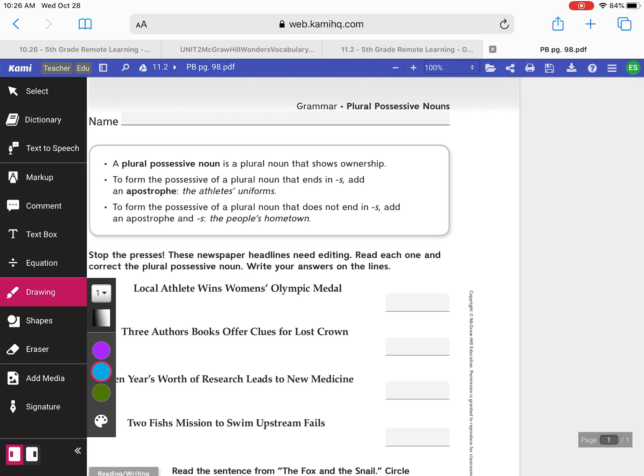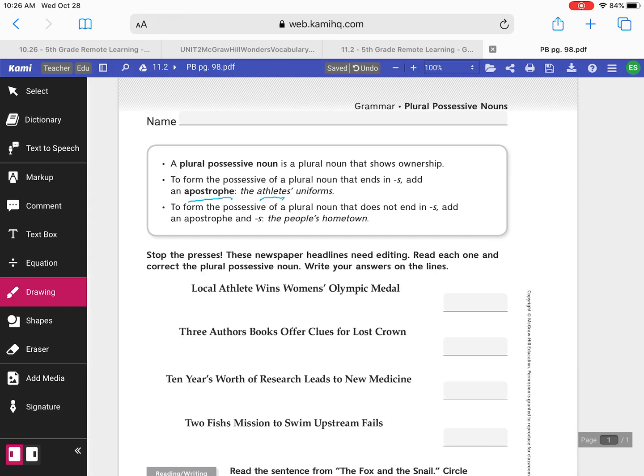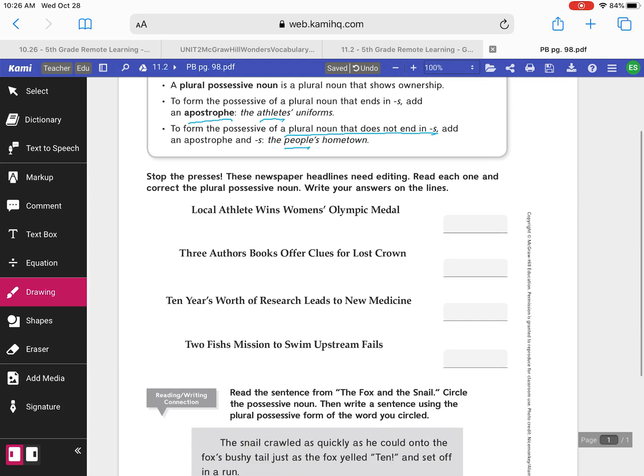We talked about the apostrophe being after the S, and we talked about the form of possessive plural nouns that do not end in S. For example, people, or deer, or any plural noun that does not end in S, then we add an apostrophe and an S. So they're going to make it super confusing.